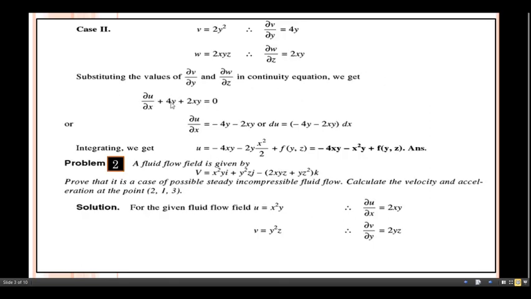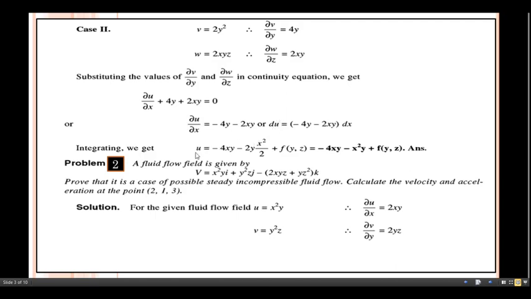So ∂u/∂x plus ∂v/∂y, this term is already with us, substitute 4y. Similarly substitute the next one, ∂w/∂z equals 2xy. In this way we can get ∂u/∂x, so the other terms go to the right side of the equation: minus 4y minus 2xy. My ultimate aim is to get the value for u, that's why I separate the ∂u/∂x term. So integrate this with respect to x.